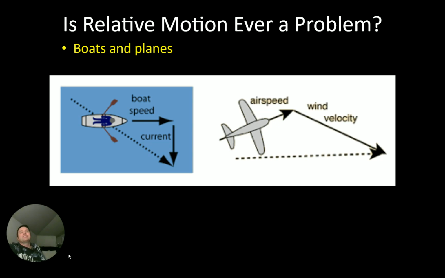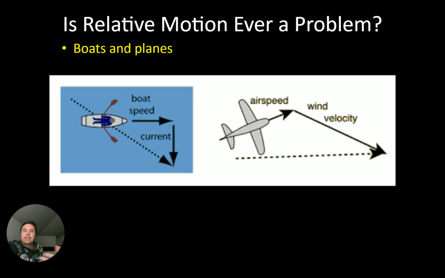Outside of my silly little examples, is relative motion ever a problem or something you have to deal with? The best example I can give you, though this is a lame picture, is if you are piloting a boat, you definitely have to be concerned about the water current, but you could also have to be concerned about the wind.